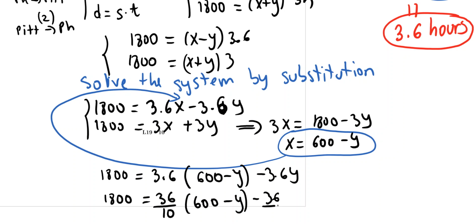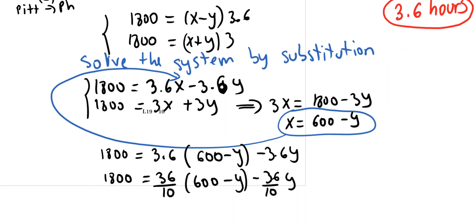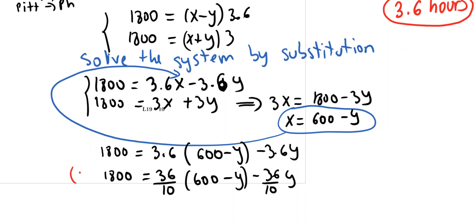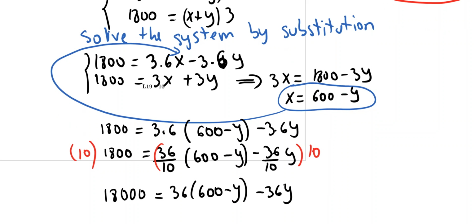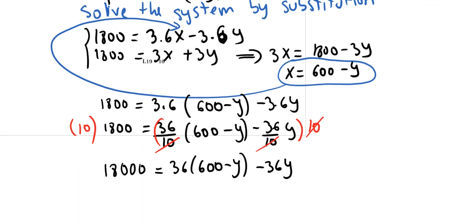And then I'm going to multiply both sides by 10. Alright, so then I'll have 18000 equals 36 times 600 minus y, minus 36y, because the 10 goes away with this one as well.